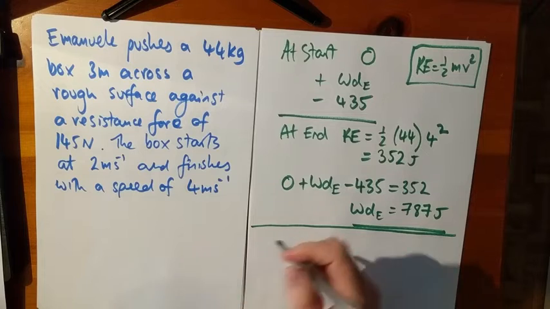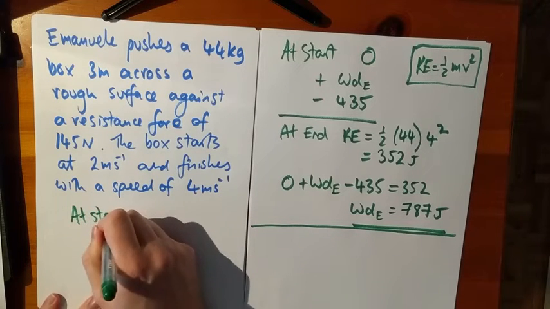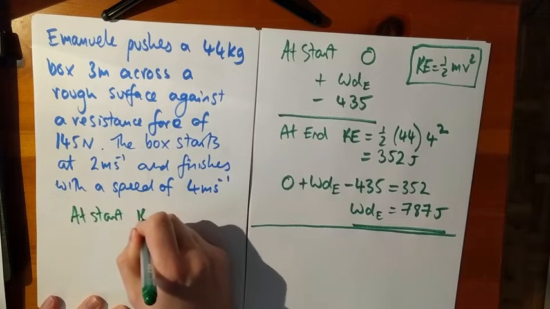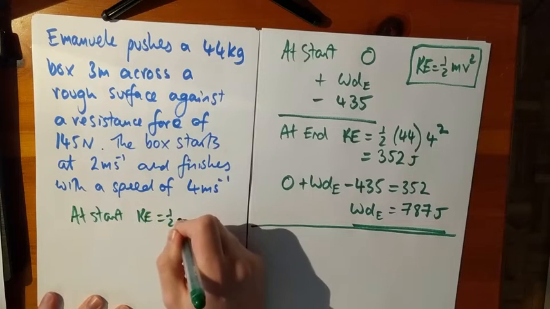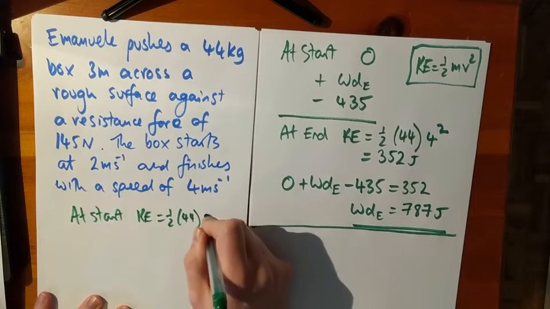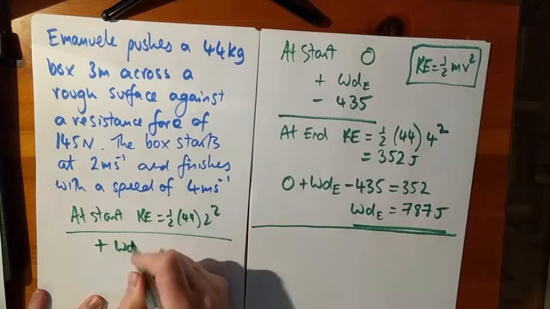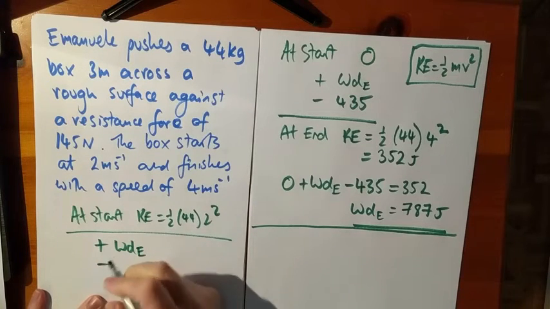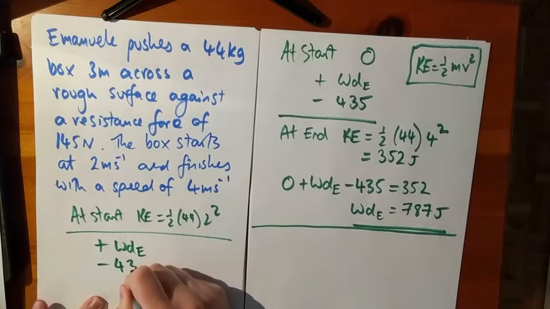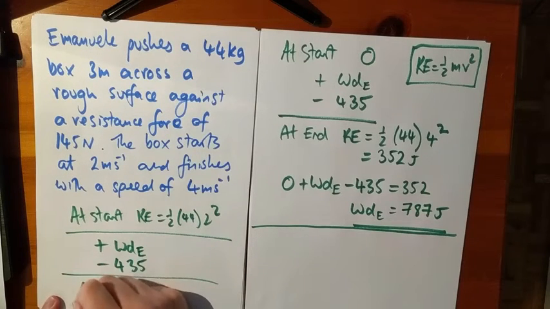So here at the beginning, the kinetic energy is a half times 44 times 2 squared. Then we're going to add the work done by Emmanuel. We're going to take away the work done by resistance, which is 435. And at the end, we still have kinetic energy because it's still moving, but it's moving faster.